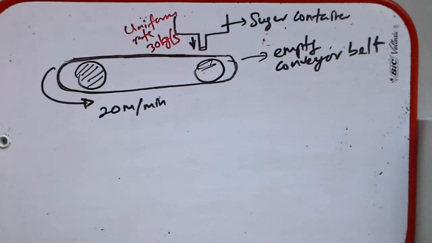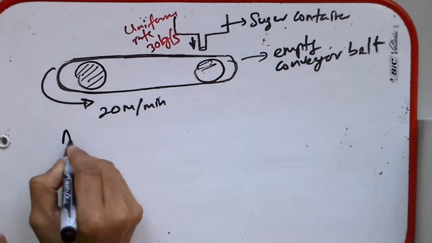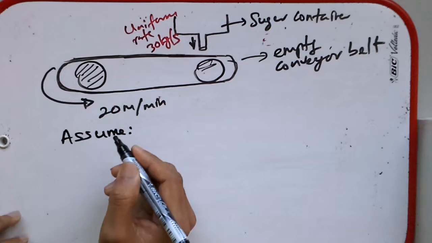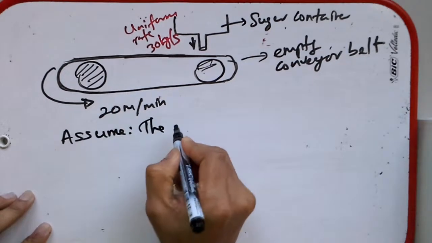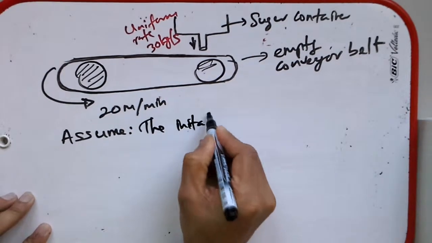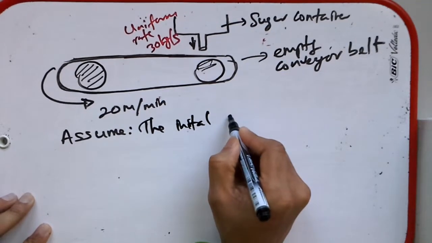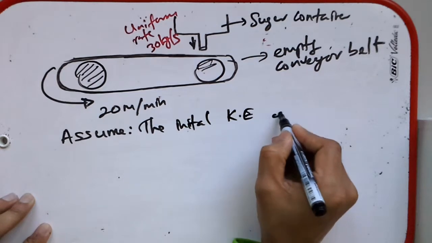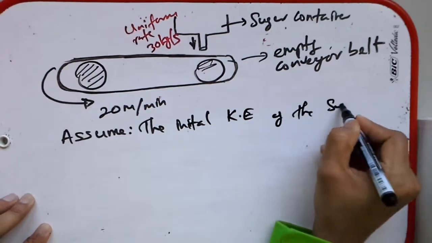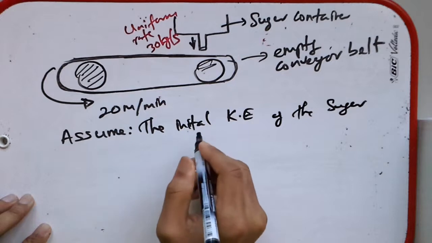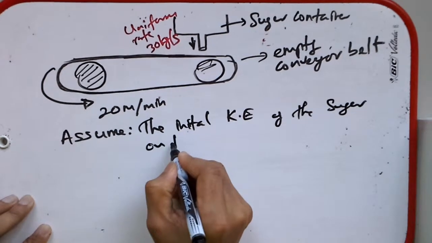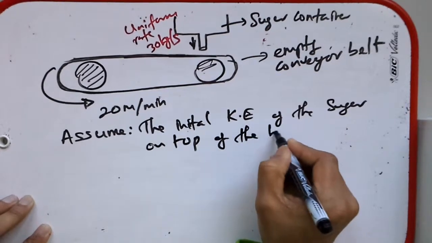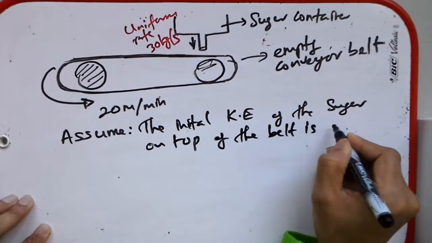Okay, so the question is, first let me write down an assumption. Assume the initial kinetic energy of the sugar on top of the belt is negligible.